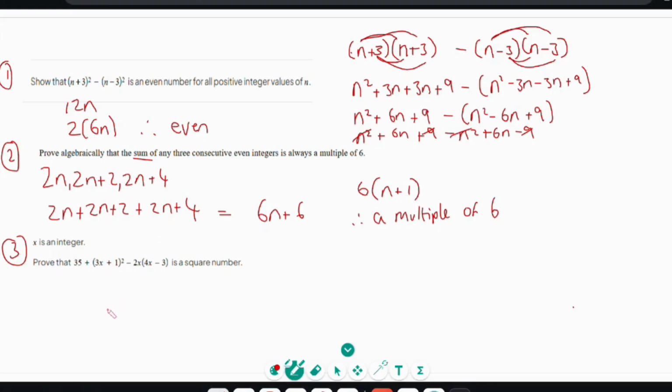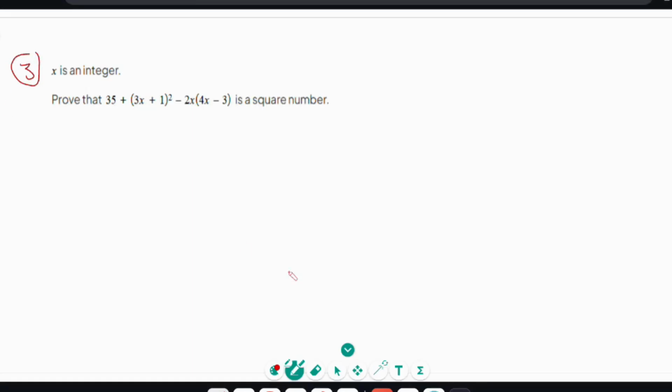x is an integer. Prove that it is a square number. I think I'll do this on a fresh page. Okay, so let me rewrite the second term here as a double bracket.